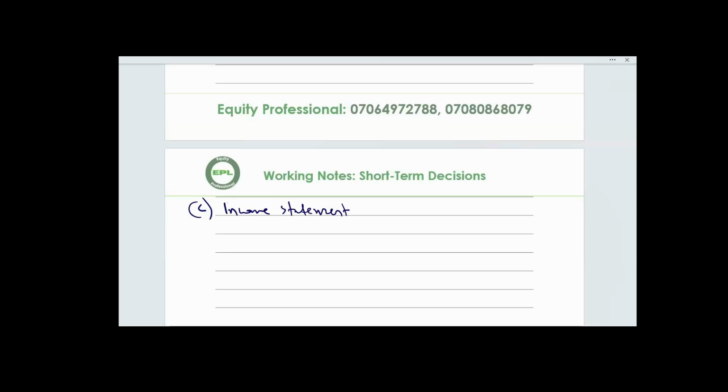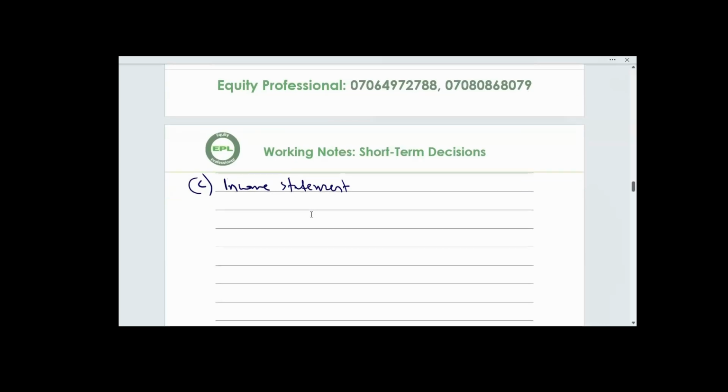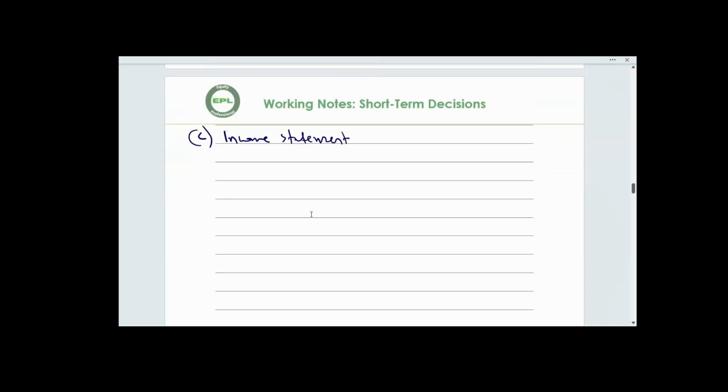There will be no Benin and Kaduna again. So you can say income statement for Lagos, or you can say income statement after closing down of the Benin and Kaduna depots. However you want to put it, you are still saying the same thing.